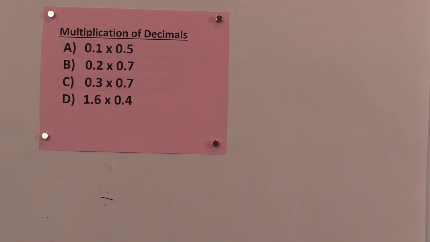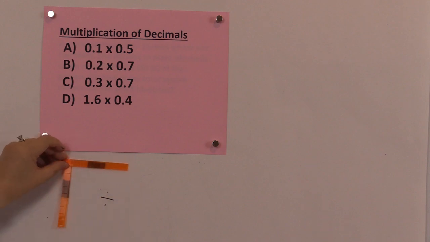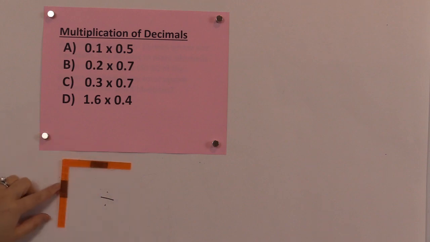So the first one, how do you read the first one in here? 1 tenth times 1/5. So this is 1 tenth, right? And then 1/5 is going to be this way. So we are looking at the double shaded part. That's what we did last time.